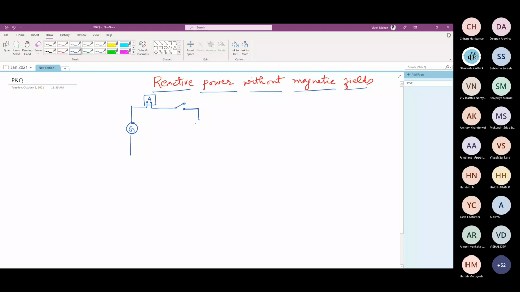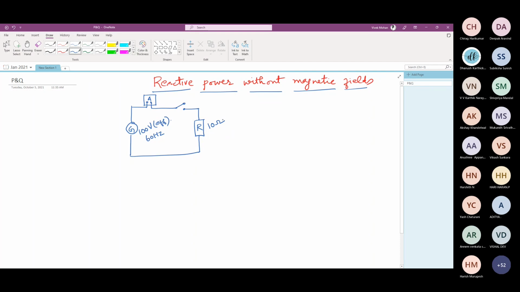This is some switching device connected to a resistor like this. Now this is 100 volts, of course effective RMS only. This is a 60 hertz source. So this is connected to a pure resistive load of 10 ohms.